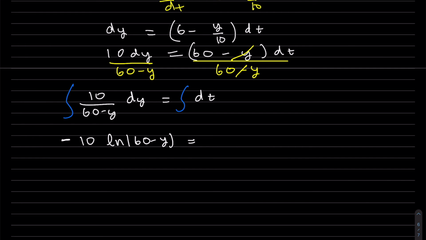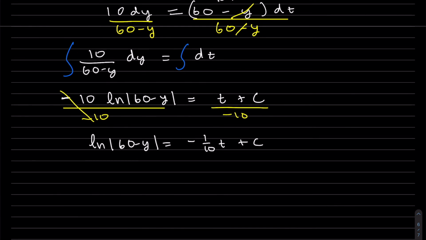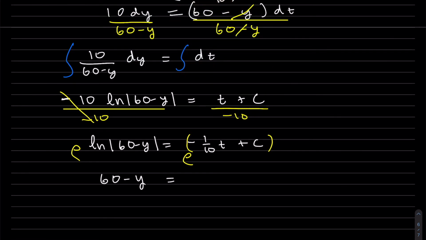Don't forget the chain rule. That 10 can get absorbed into the C, and we will absorb the e into it also.